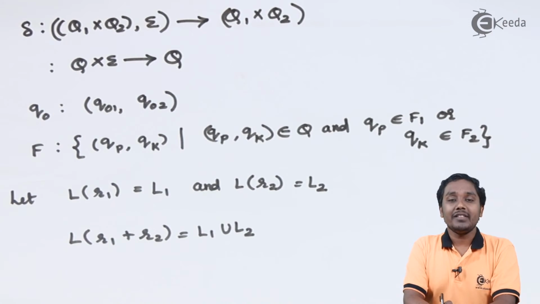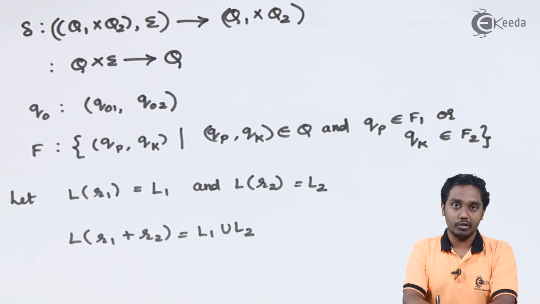As we are able to design a regular expression for the language L1 union L2, we can say that the language L1 union L2 is a regular language, which means that regular languages are closed under union operation. So we have proven using both automata as well as regular expression.